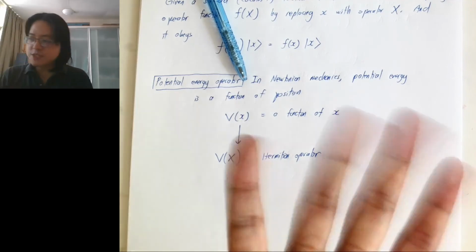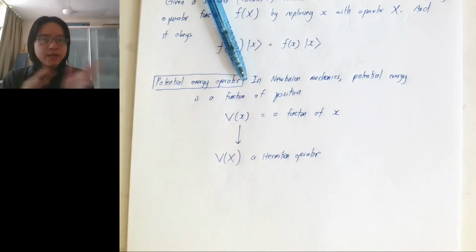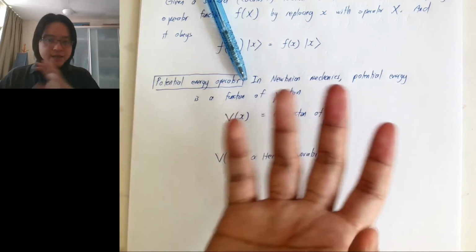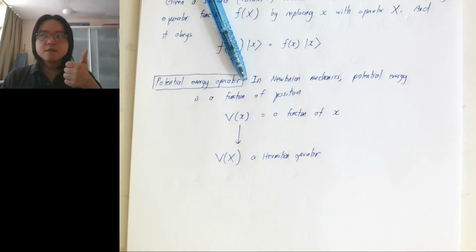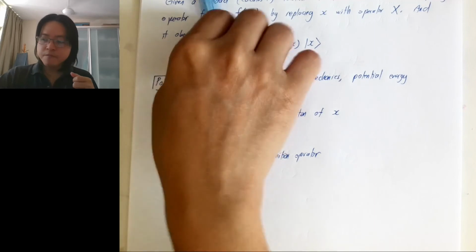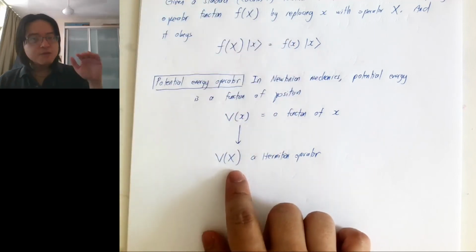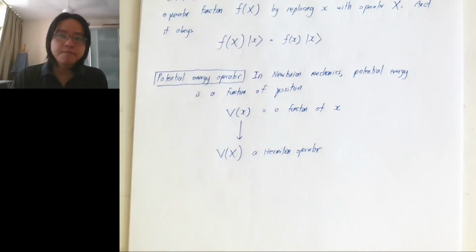So we got position, we got momentum, we know how to relate the two. But most of the time we focus on position. Using the position basis, what is the kinetic energy operator? We know the momentum operator, so the kinetic energy is just p squared over 2m. And then we just did how to get the potential energy operator.